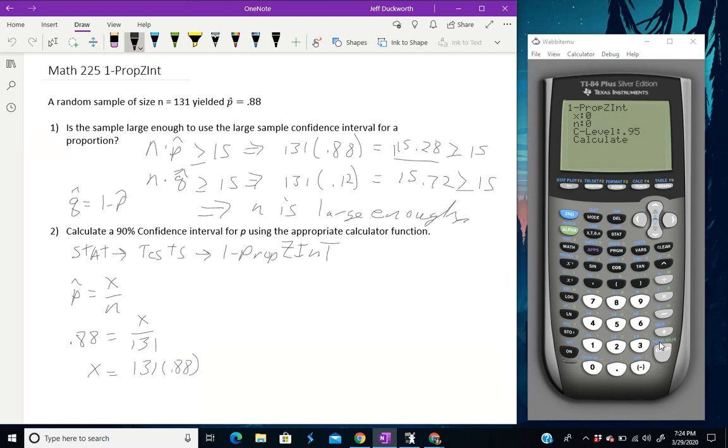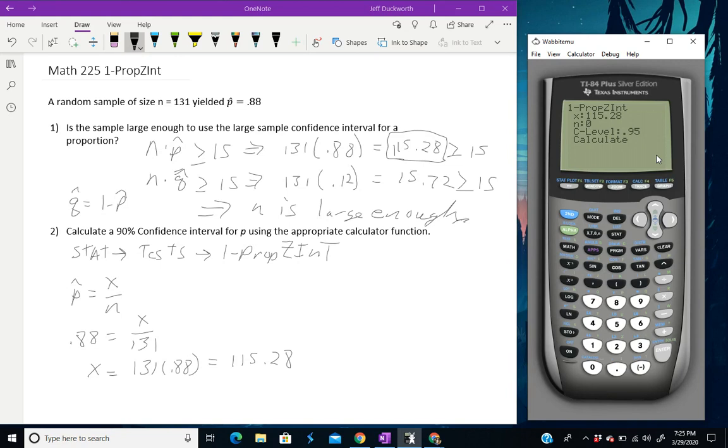Let me put a box around it. This equals 115.28. You can also do that in your calculator. So let me do the multiplication in the calculator. 131 times 0.88. So I get 115.28.